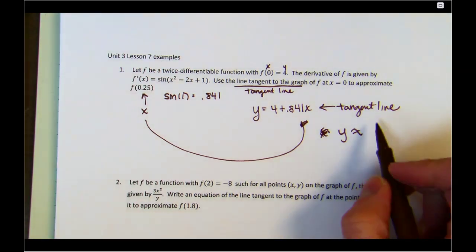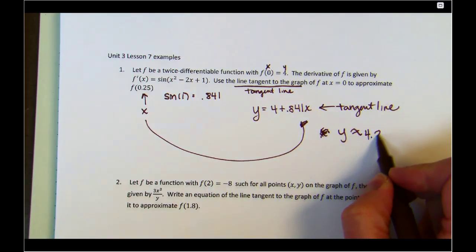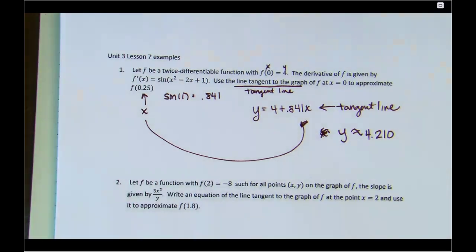What do you get? 4.210, because 3 decimals, correct. There you go. That's it. That's a linear approximation.